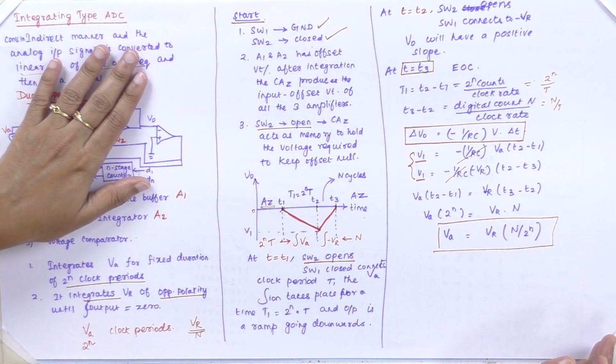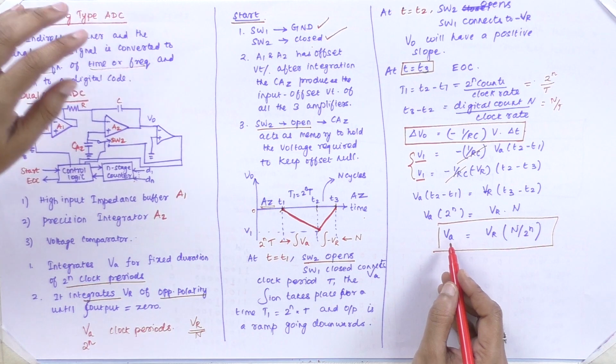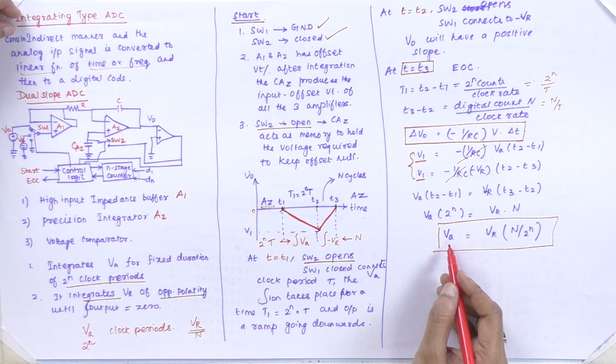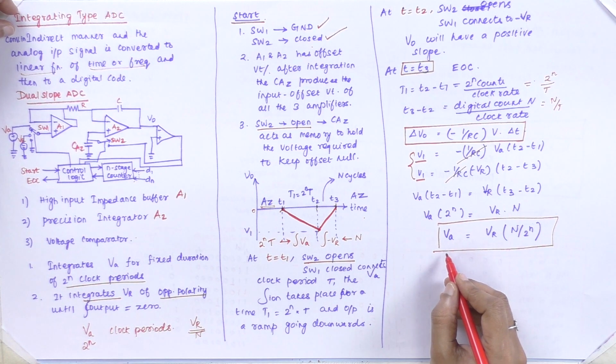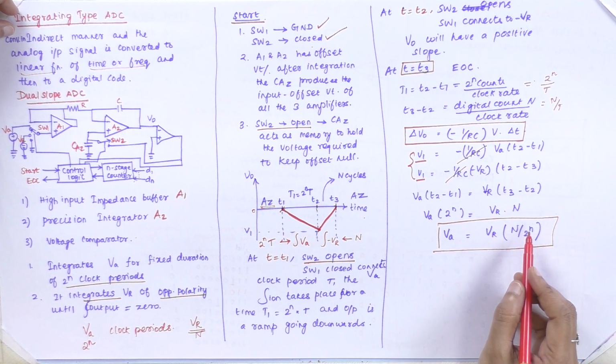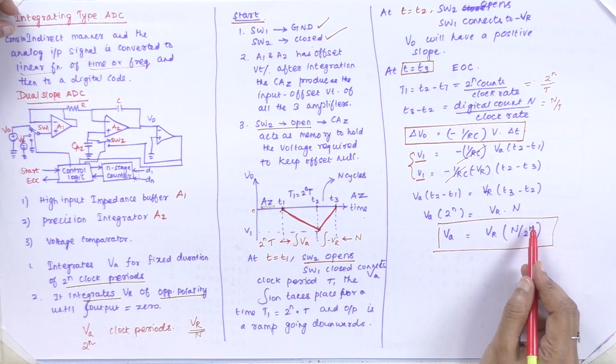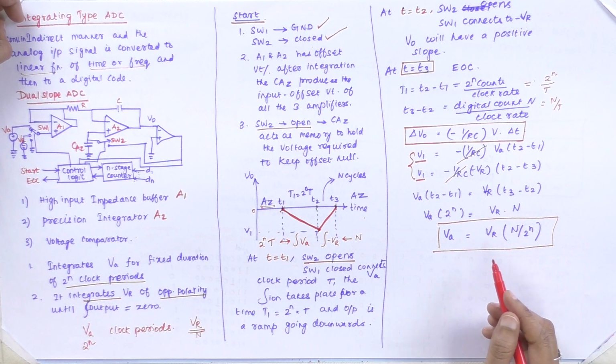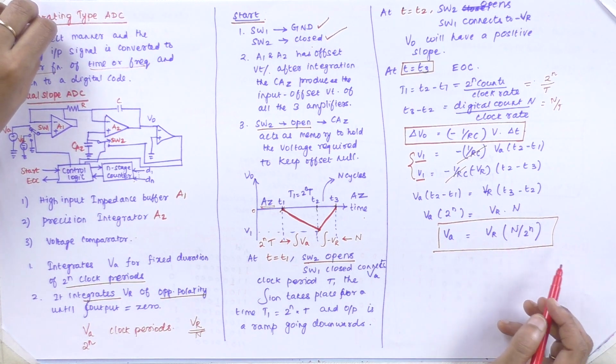That is the final expression for the analog signal in an integrating type ADC: VA is equal to the reference voltage times the digital count by 2 power n counts, VA equals VR of n by 2 power n.